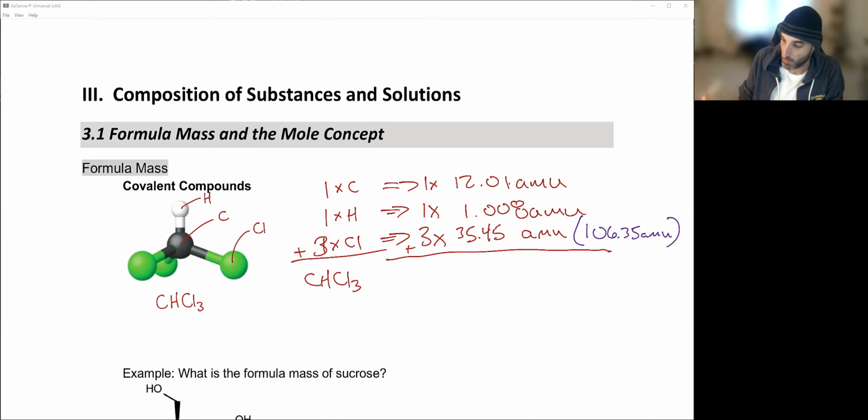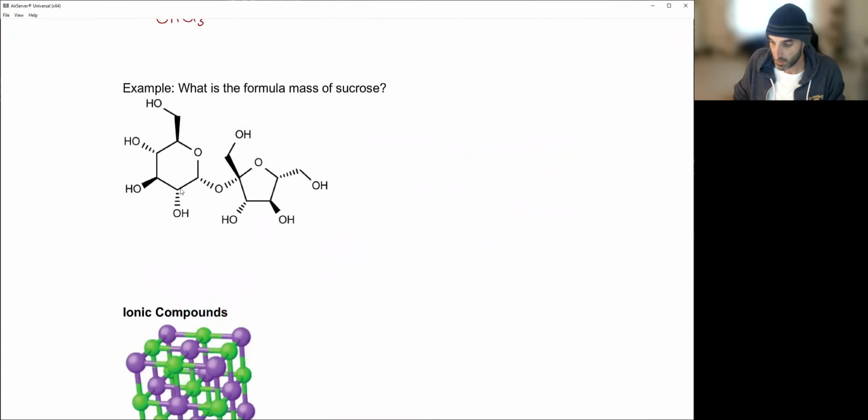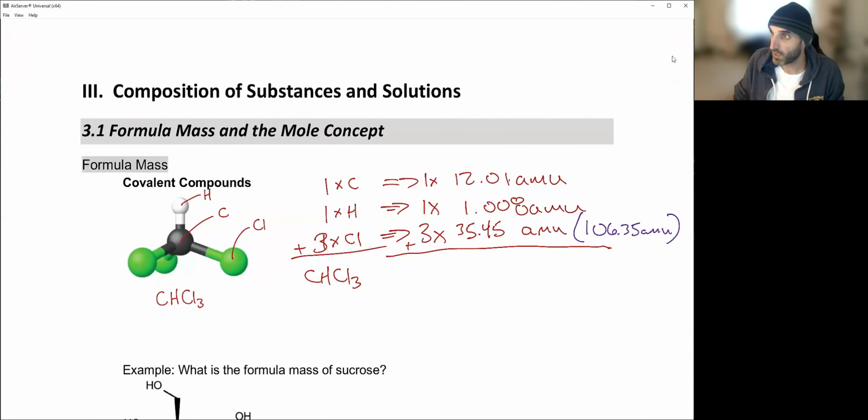So 106.35 for the chlorine, plus the 1.008 for the hydrogen, plus the 12.01 for the carbon, gives me a grand total of 119.368 AMU.